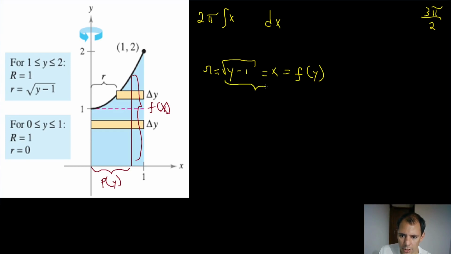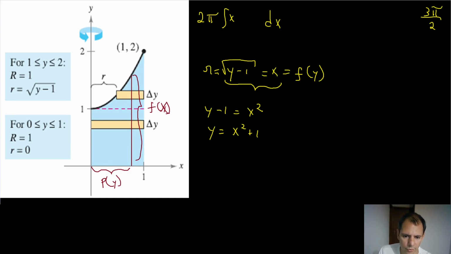So pay attention to this thing. I'm going to square it, so it's going to be y minus 1 equals x squared. Y equals x squared plus 1. All right. So this is going to be the f of x. So you have an f of x in here, and you got a p of y in here.